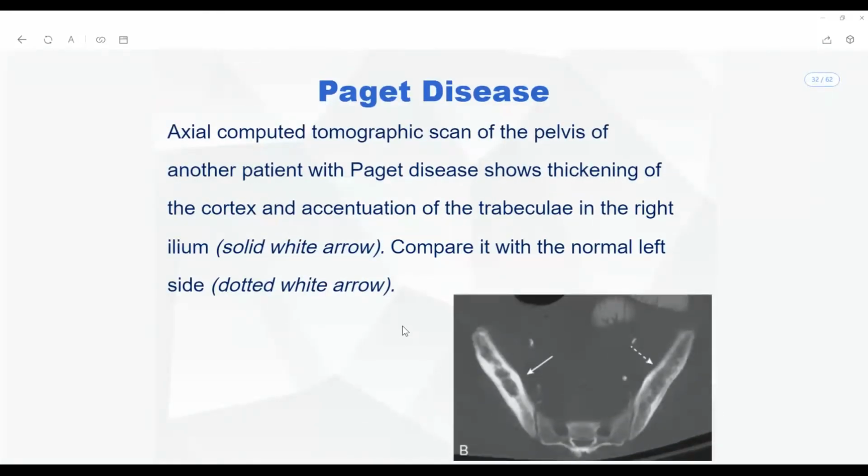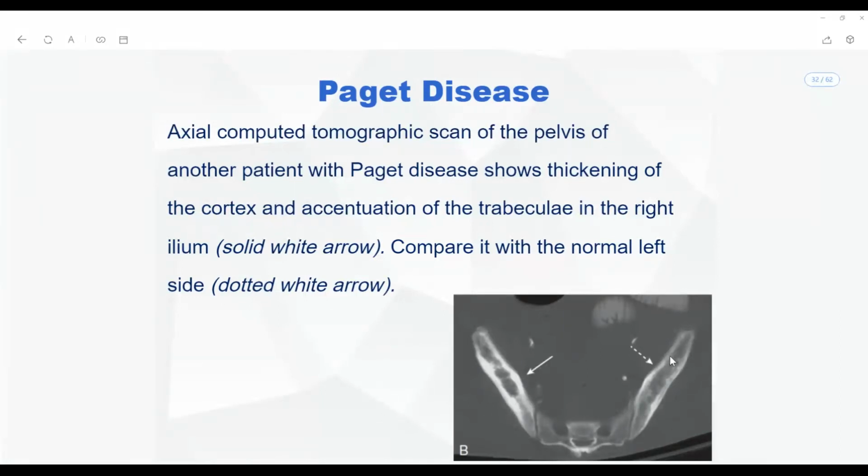Okay, you can also understand one thing here: computed tomography. On the computed tomography we can see there is a thickening of the cortex of the right pubic rami when compared to the left one.